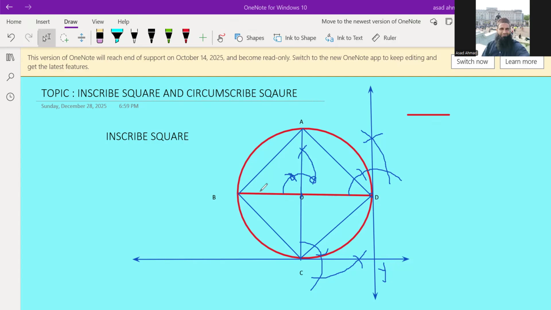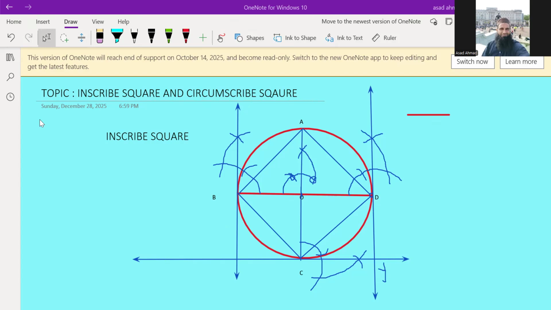And you will make another 90-degree angle at point B. So at all four corners of the square ABCD inside the circle, you have to make 90-degree angles. They will be of the form as I'm telling you, just touching the circle at one point only. You draw these lines in forward and backward directions, extending them in both directions.